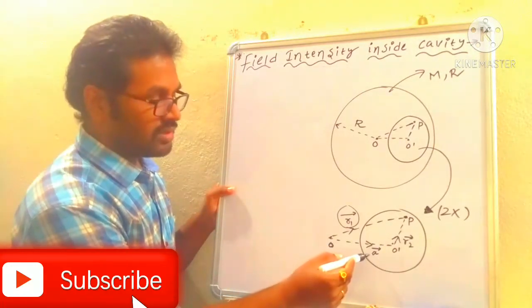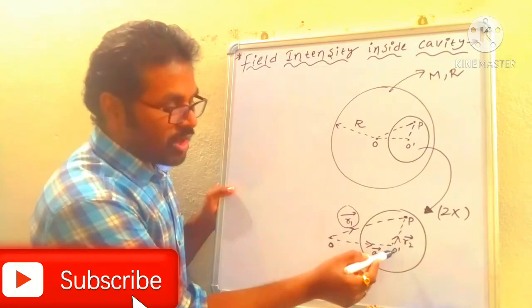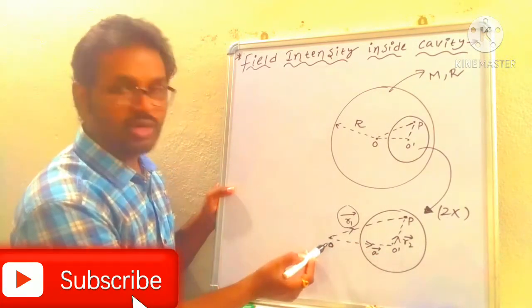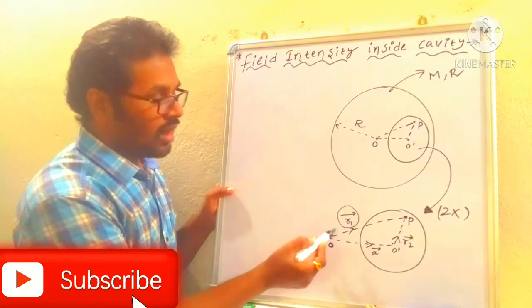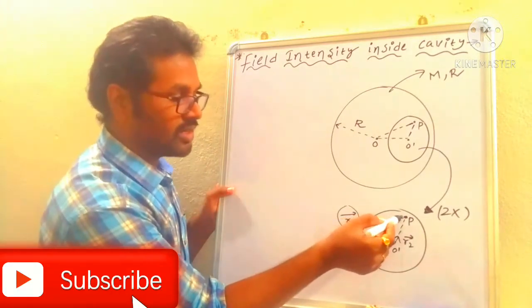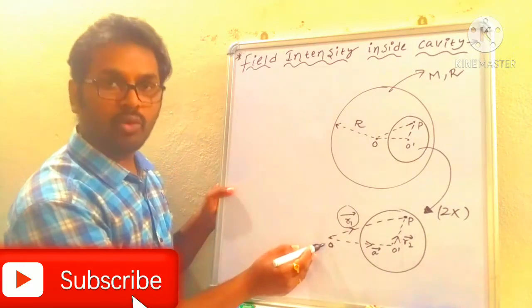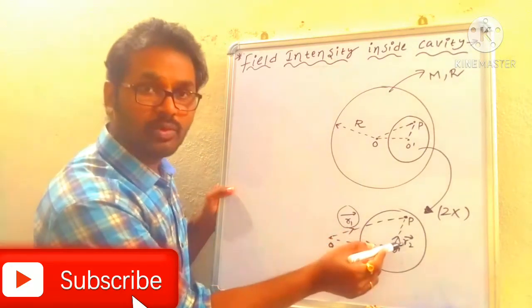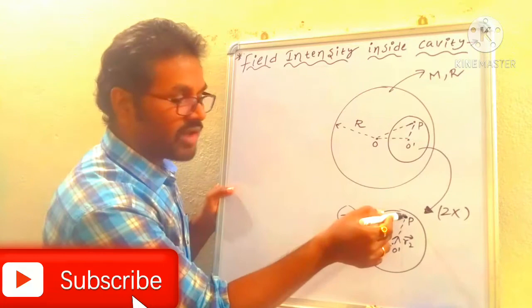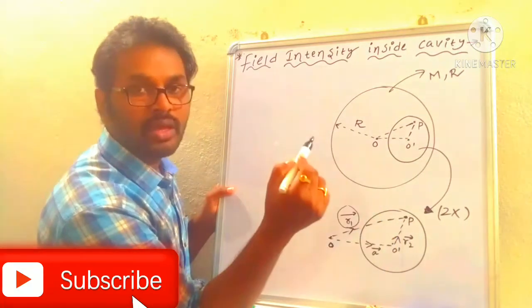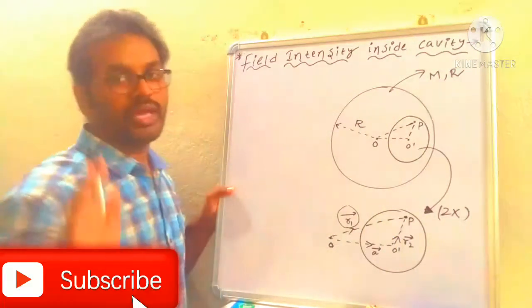It is the position of O dash with respect to O. R1 bar is the position vector which defines the point P with respect to the point O. R2 bar is the position vector which defines the point P from the center of cavity O dash.